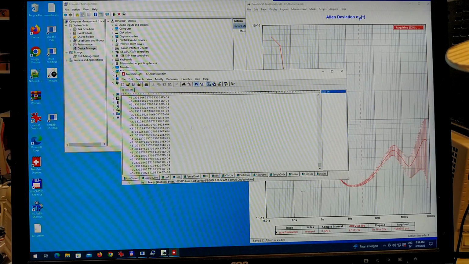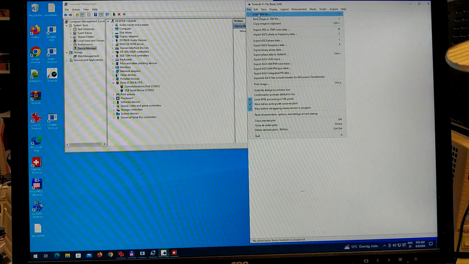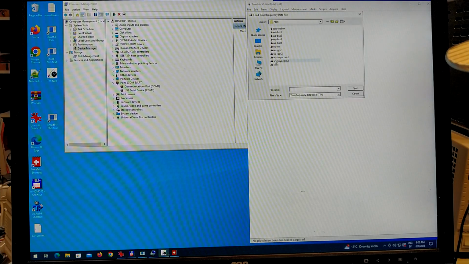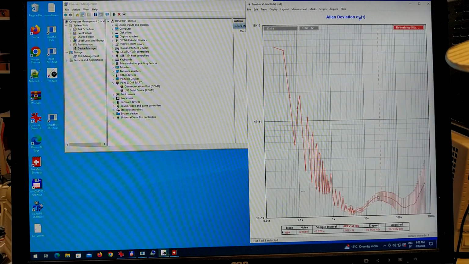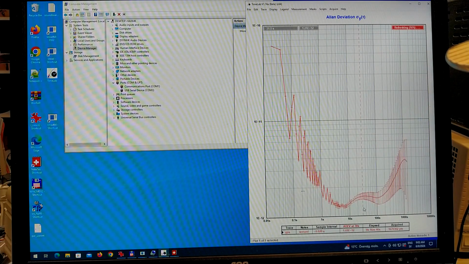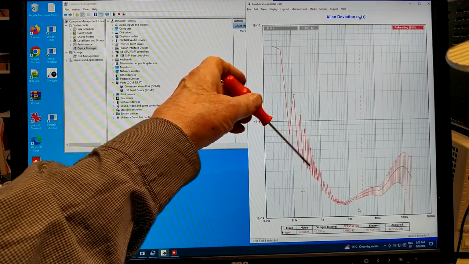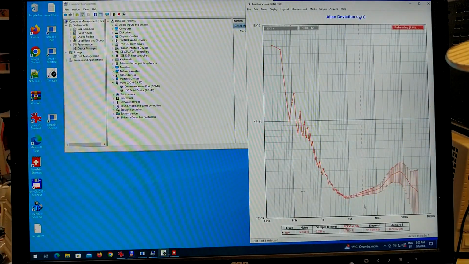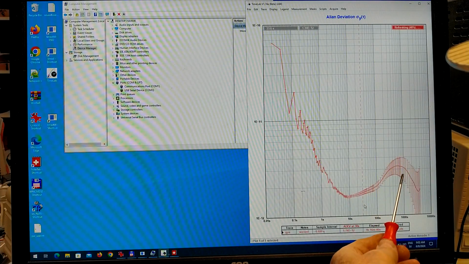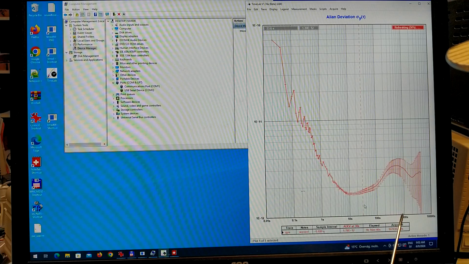Very odd. I can load the file into TimeLab and have a look at what happens now. Here you can see the development over time, how this is gradually increasing. And then have a look here, how this comes up suddenly.